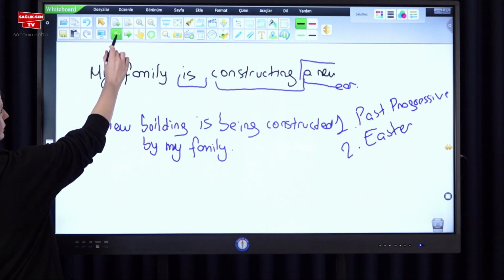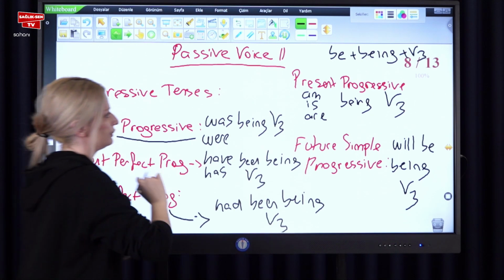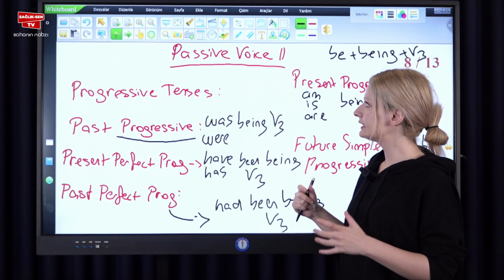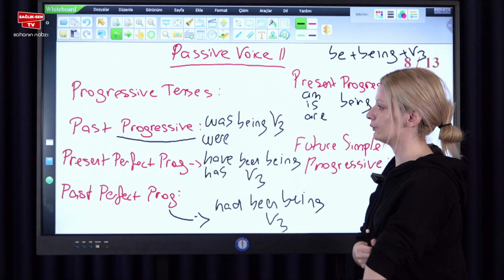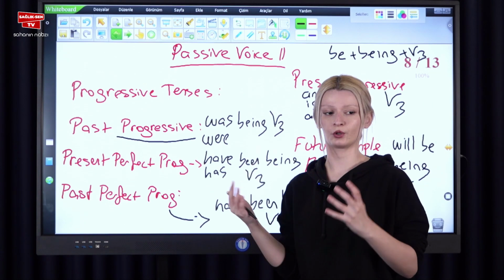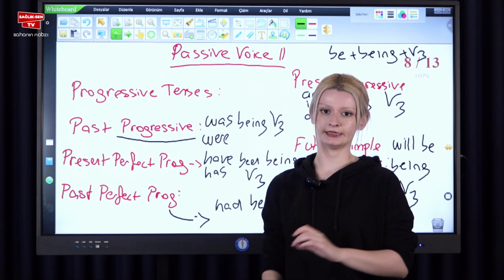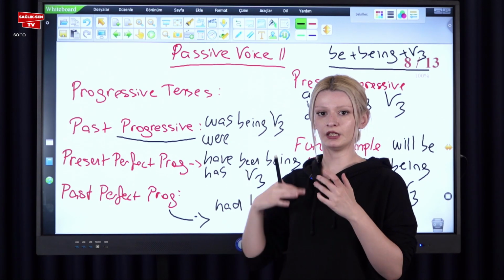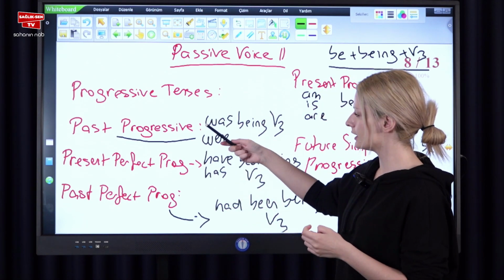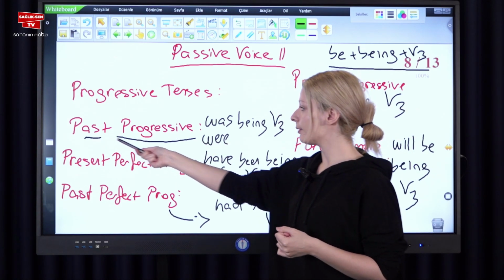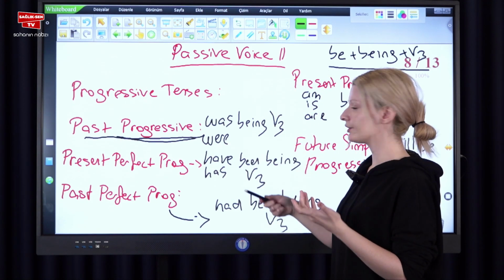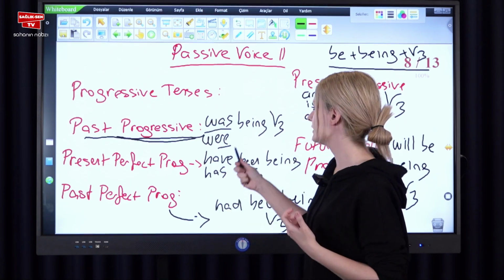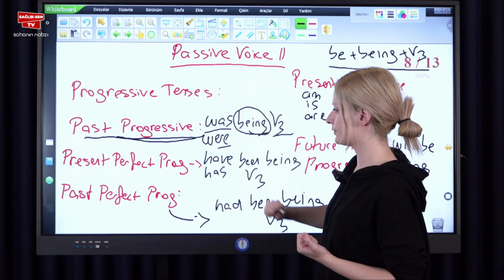Okay, let's do a quick review of passive voice 2. We'll start with progressive tenses. We said that we use passive voice 2 when we're talking about progressive forms of our actual tenses. And we use be plus being plus verb 3 form. For example, if I'm talking about past progressive, I either use was or were depending on our new subject, being, verb 3.